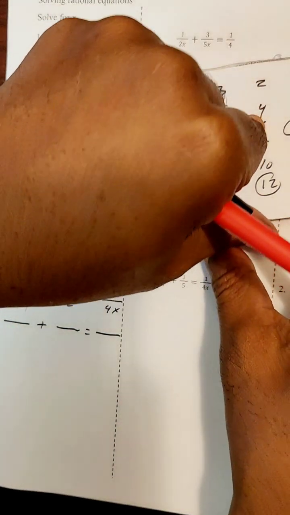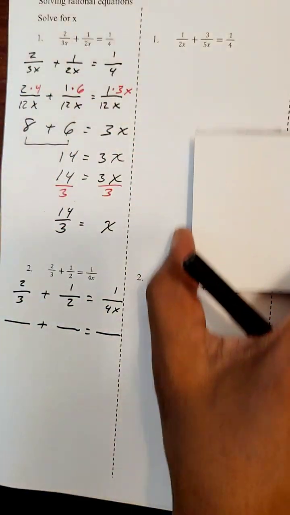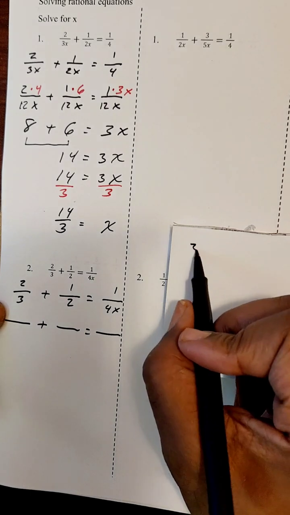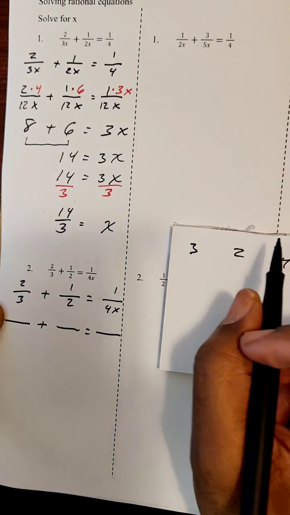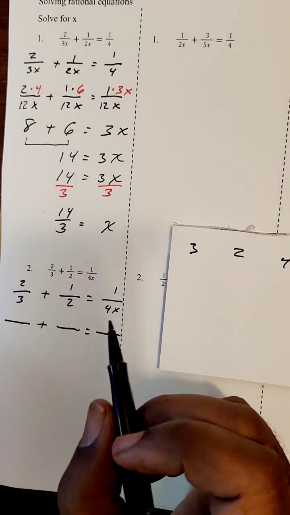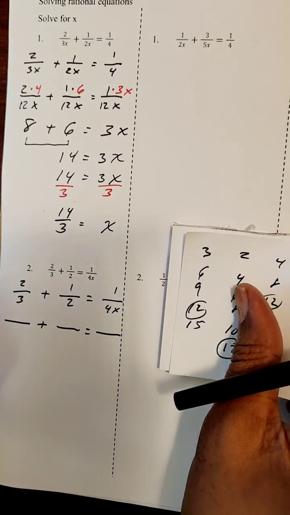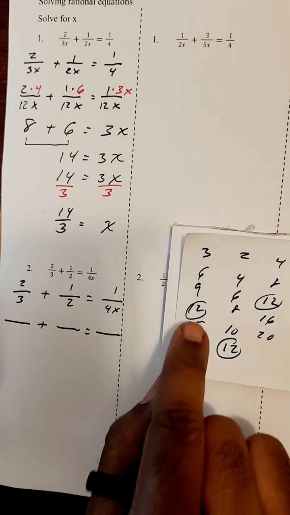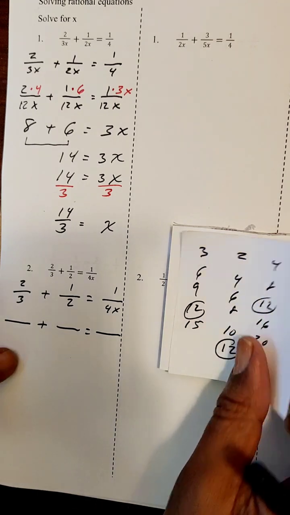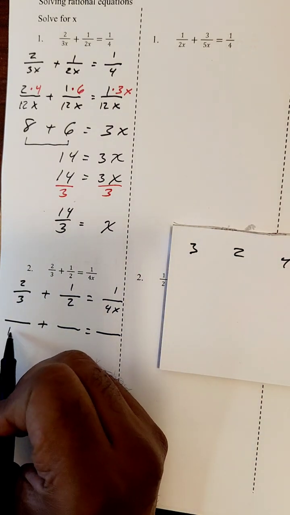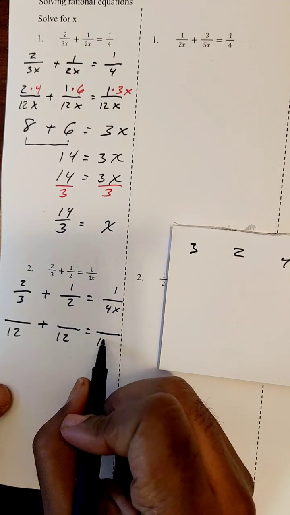Now our numbers, we have 3, 2, and 4. We had 3, 2, and 4 before. And we know that the least common multiple is going to be 12. So I'm going to put 12 here for all of these. 12, 12, and 12.